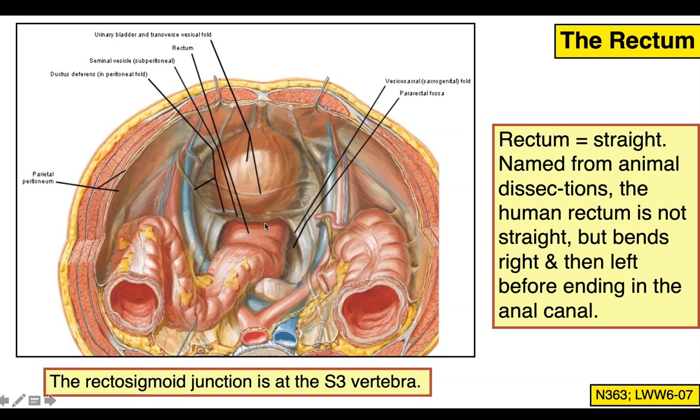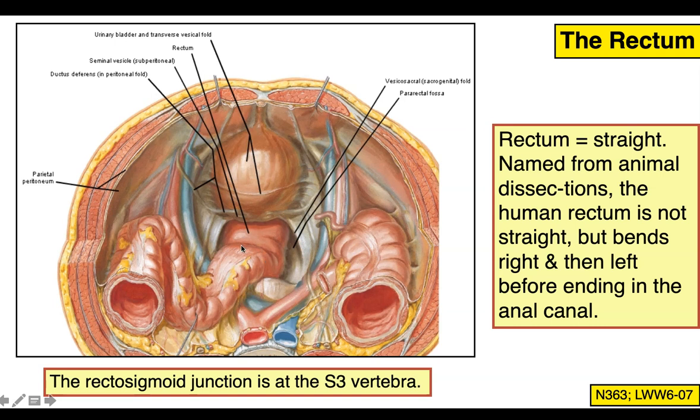Rectum means straight, but normally the rectum is not straight. It is one of the terminal parts of the digestive tract. It continues superiorly with the sigmoid colon. The sigmoid colon and the rectum junction is in front of the third sacral vertebra.